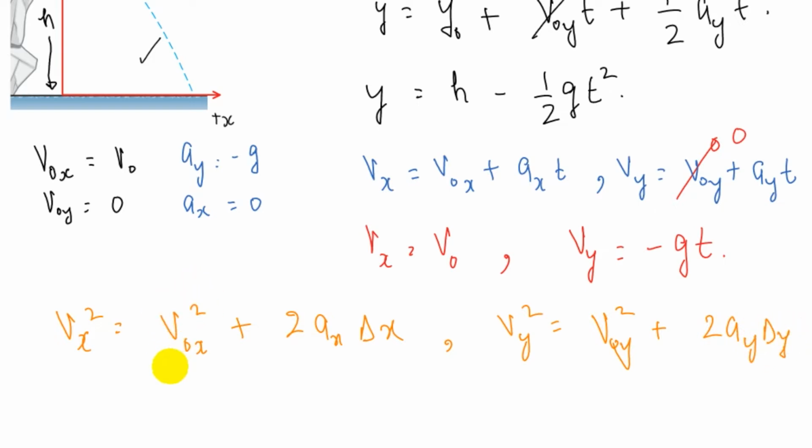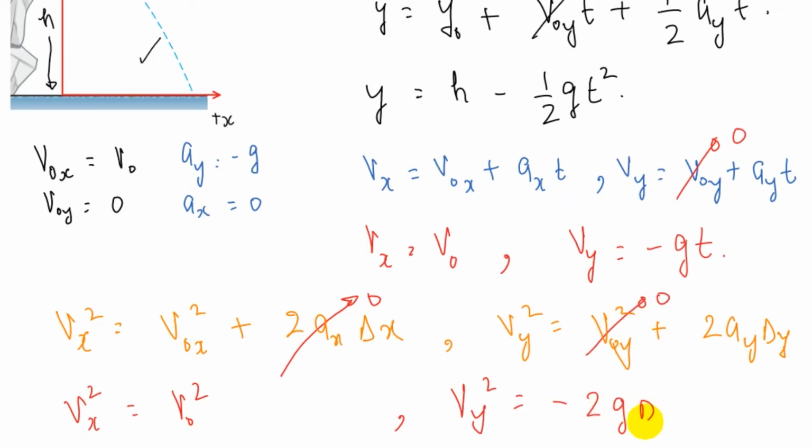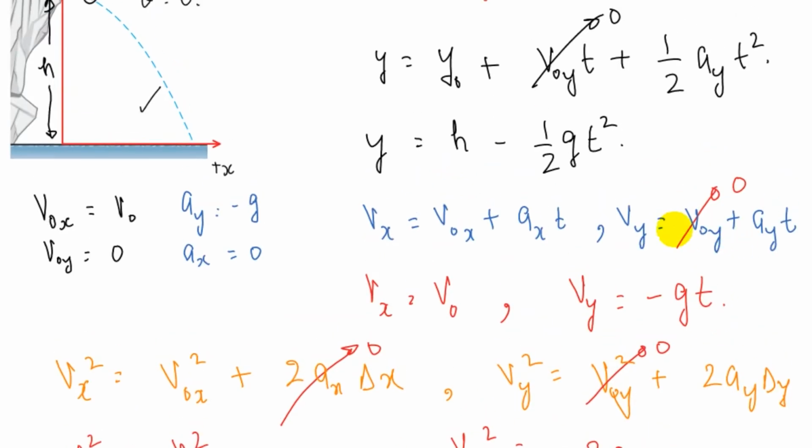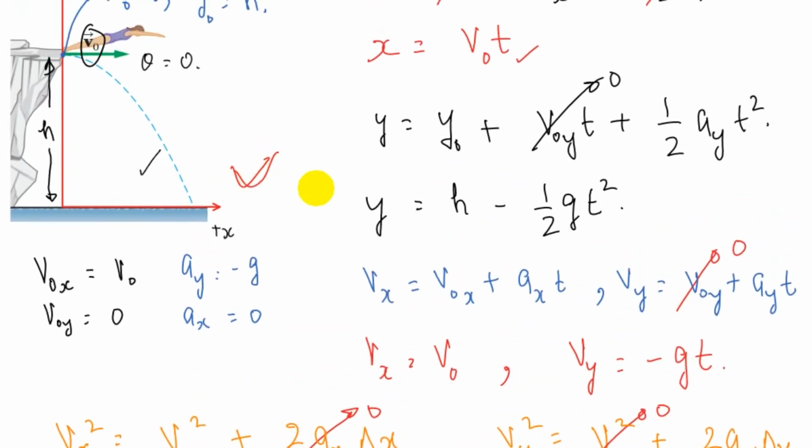V naught x we have v naught, so v naught squared, and this is vx squared, plus 2 times ax. Now ax is 0, so this whole term would be 0. Next, vy squared equals v naught y, which is 0 here, so this is 0, and this is minus 2 times g times delta y. So we have derived all the equations of motion for this case from the fundamental equations.